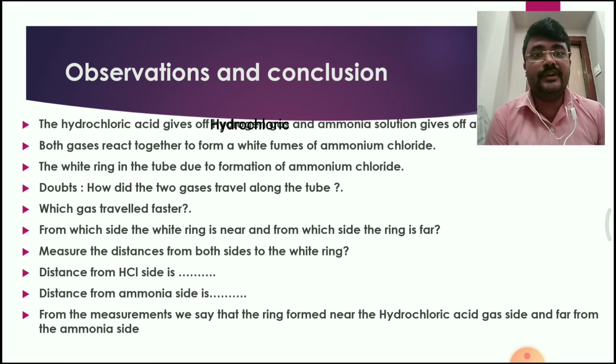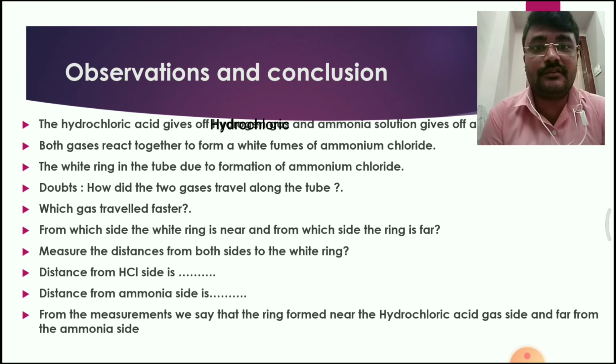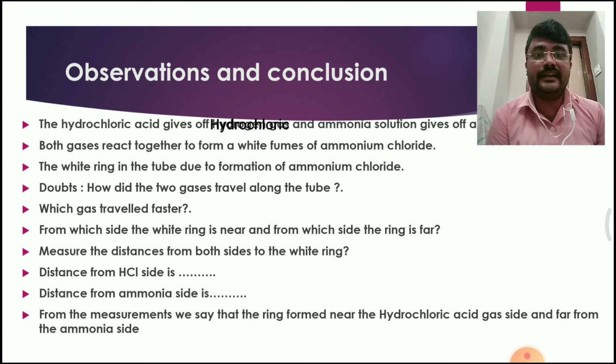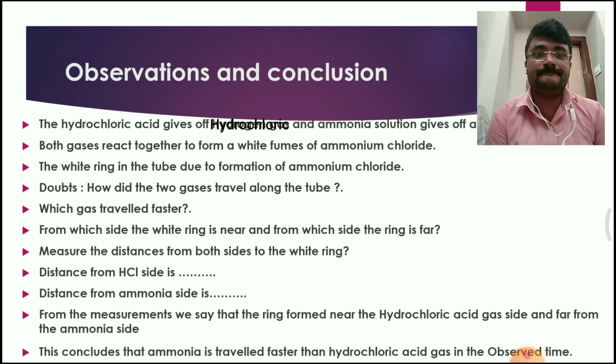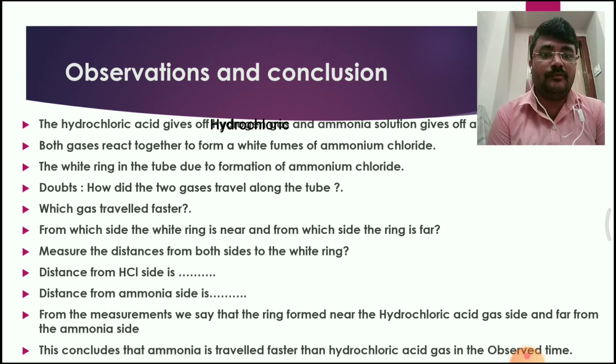Due to that, ammonia travels a longer distance compared to hydrochloric acid gas. That's why the ring is formed far from the ammonia side and near the hydrochloric acid side. This concludes that ammonia traveled faster than hydrochloric acid gas in the observed time.